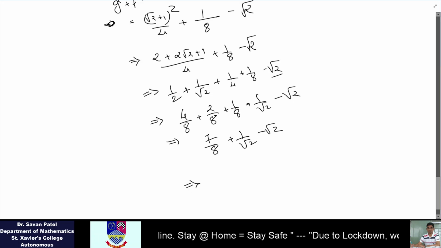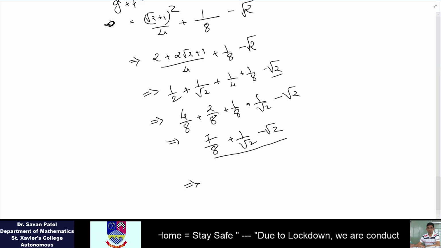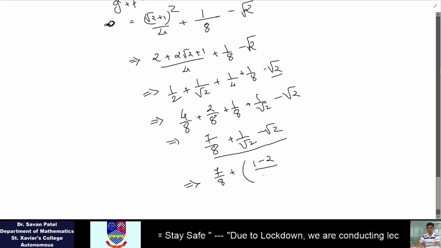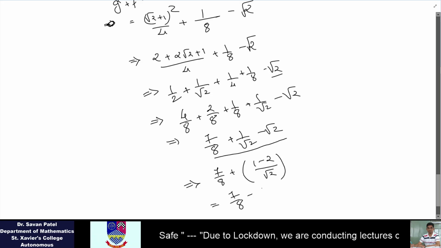So all I am doing is finding out the value of this quantity. This is approximately 1, and this is going to be greater than 0. So it can be written as 7 by 8 plus 1 minus 2 by root 2, that is 7 by 8 minus 1 by root 2.